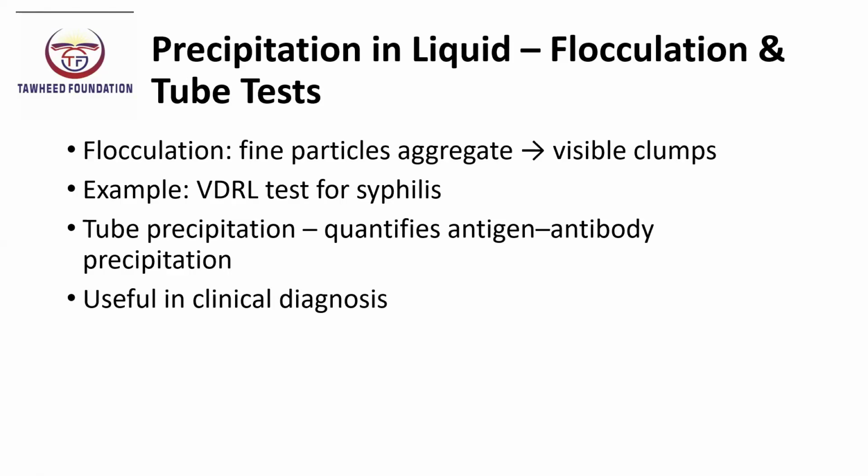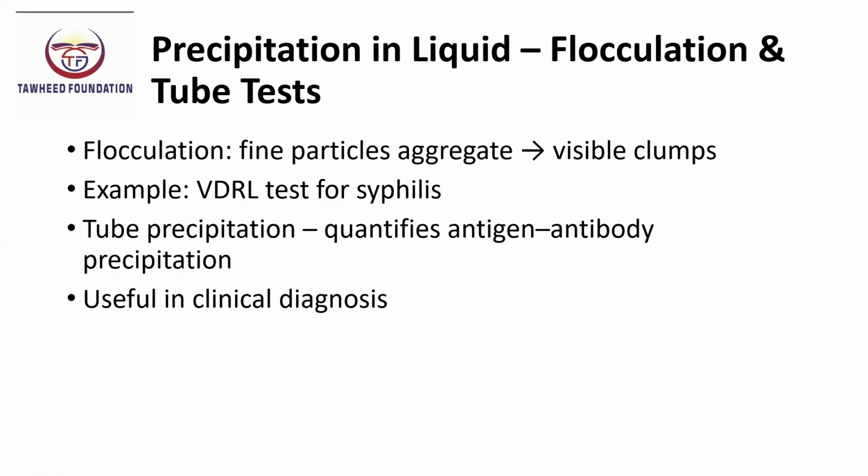One of the most well-known flocculation tests is the VDRL test, which is used for the diagnosis of syphilis by detecting antibodies to cardiolipin antigen. Flocculation reactions are sensitive and can detect even low concentrations of antibodies.